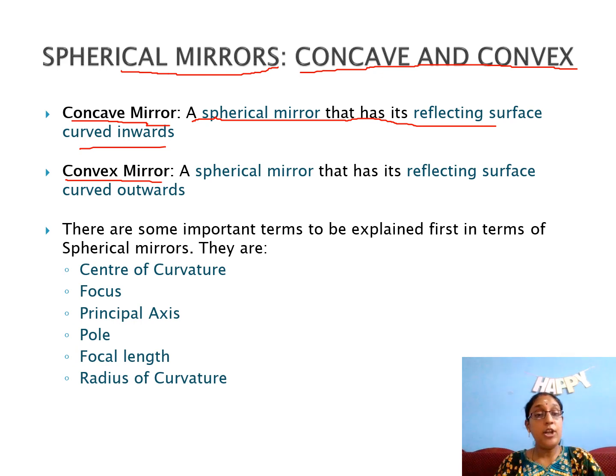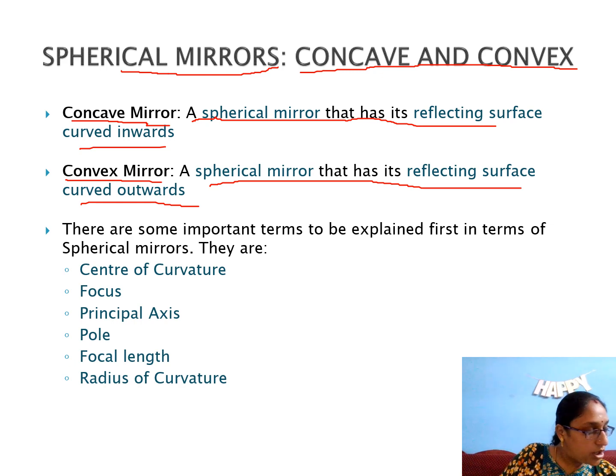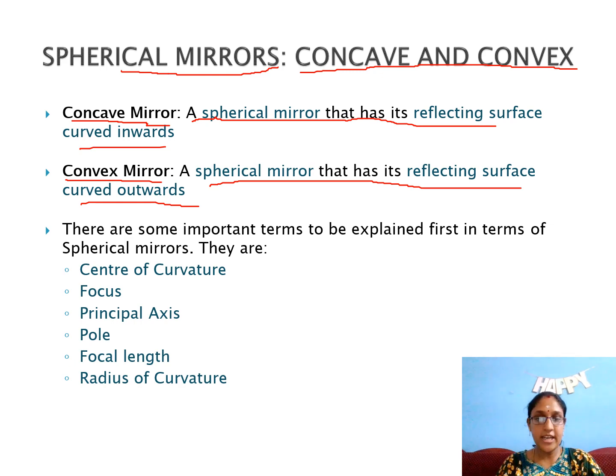What about a convex mirror? A convex mirror is a spherical mirror that has its reflecting surface curved outward. So in a concave mirror the reflecting surface is curved inward, and in a convex mirror it is curved outward. Got it, kids?